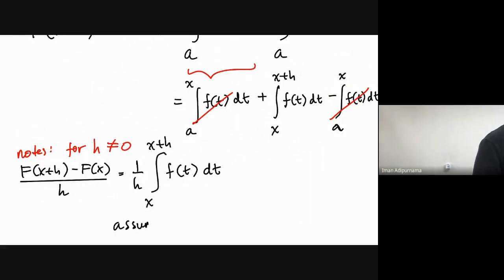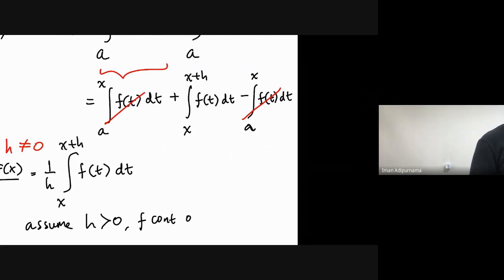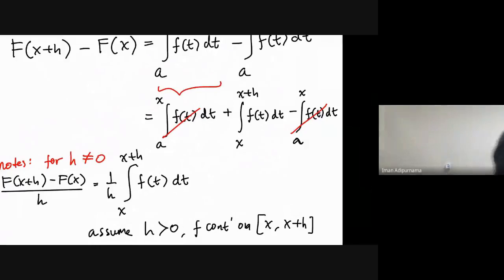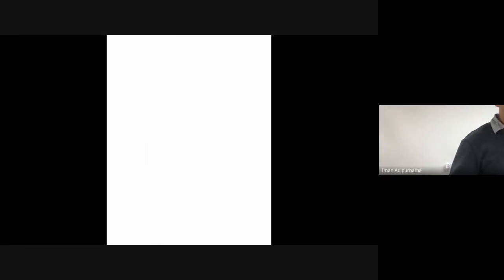And assume h is positive, and f is continuous on x and x plus h. Now from all the calculations before, we consider we only have two endpoints, x and x plus h. Let me write first, and then let me point out which one is the essential.